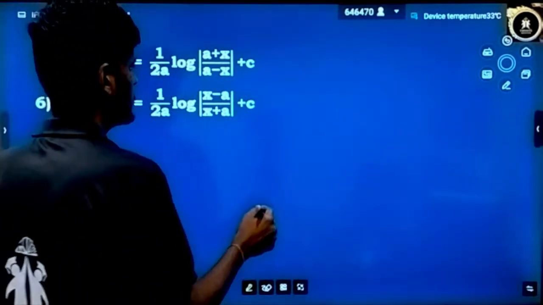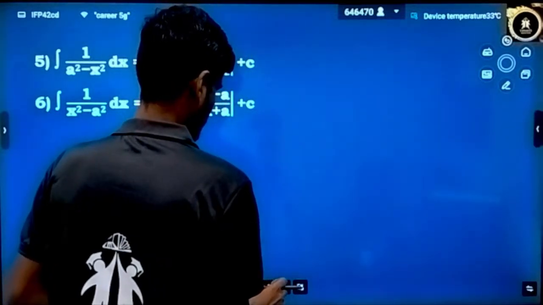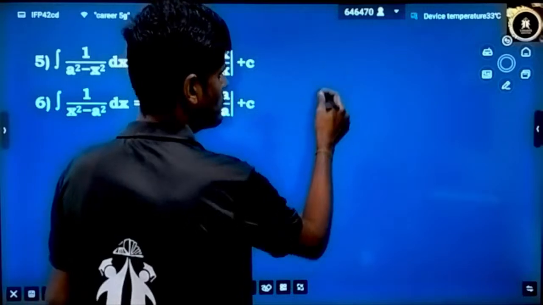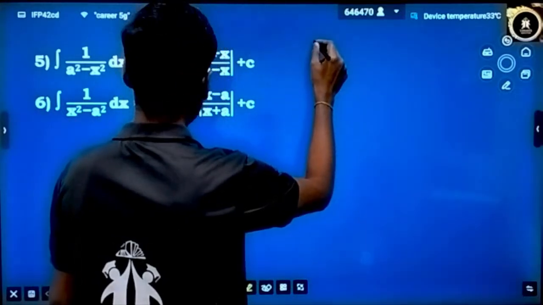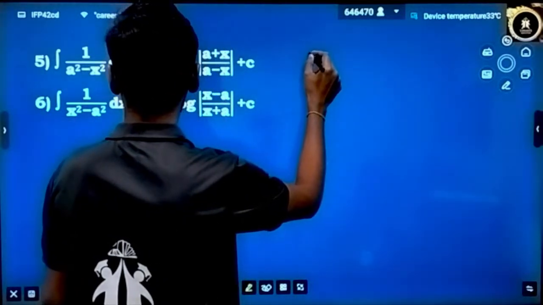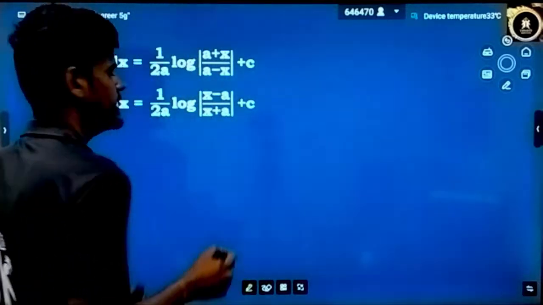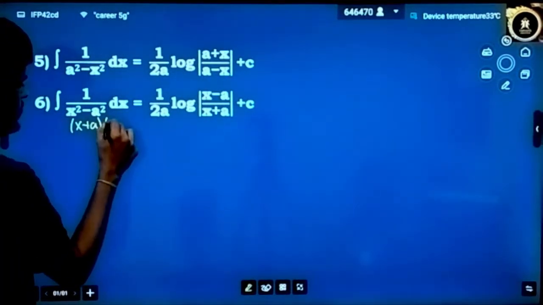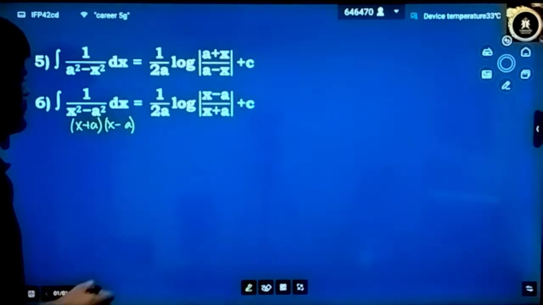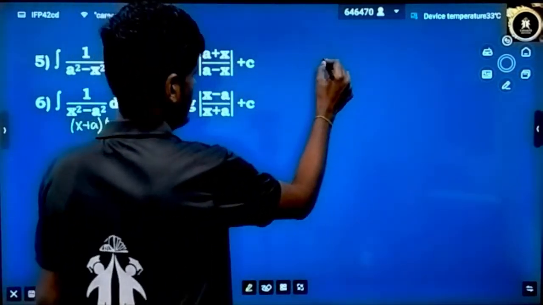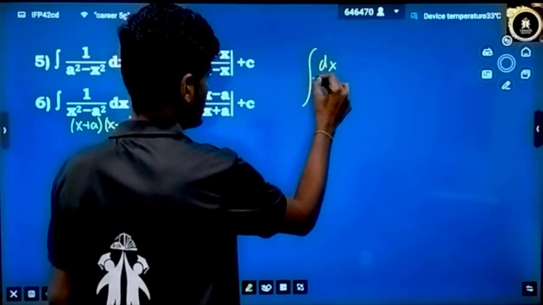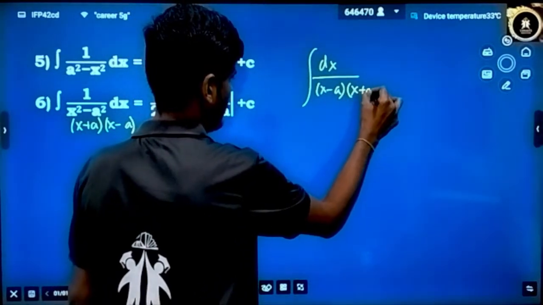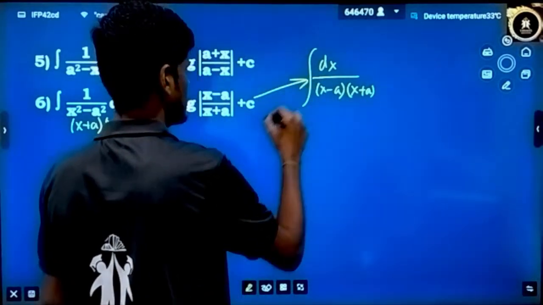Okay, how to prove this? First, we can write x square minus a square as x plus a into x minus a. Now this integral is integral of dx by x minus a into x plus a. We are trying to prove for this.